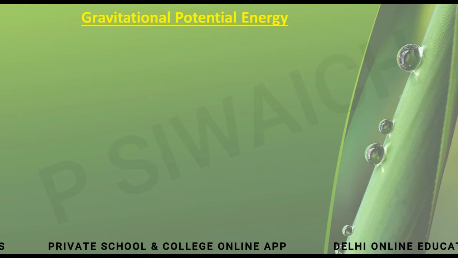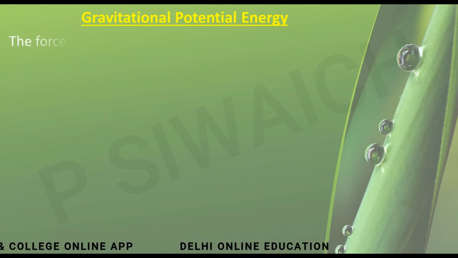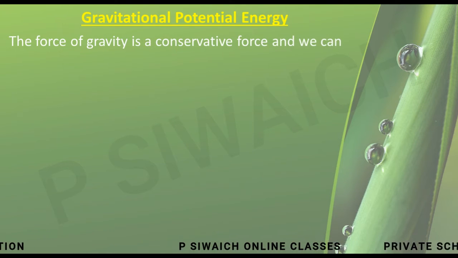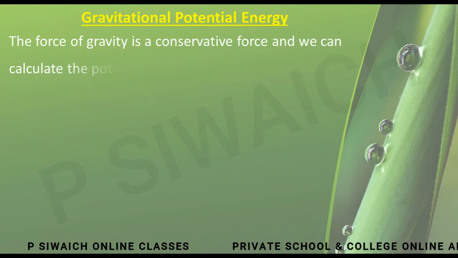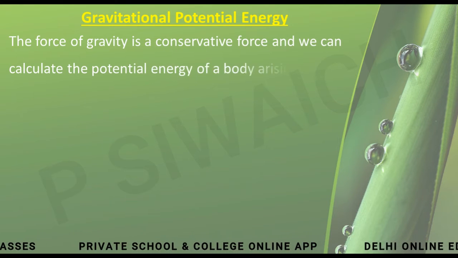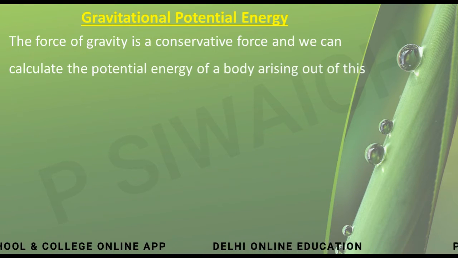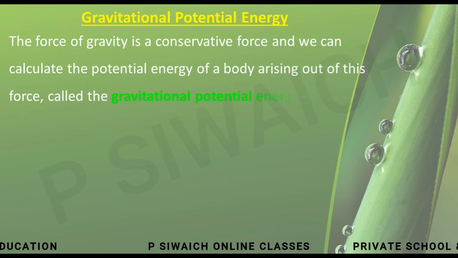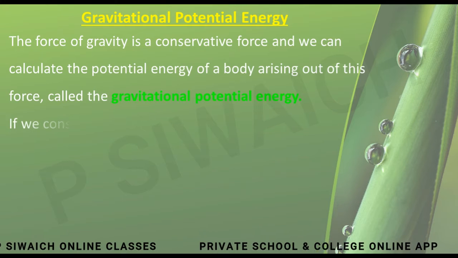Gravitational potential energy. The force of gravity is a conservative force, and we can calculate the potential energy of a body arising out of this force, called the gravitational potential energy.